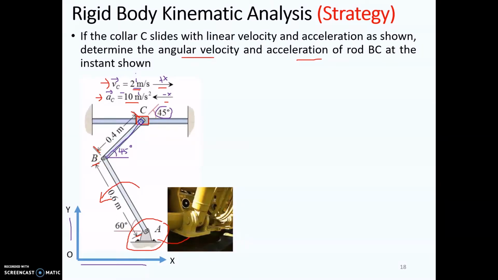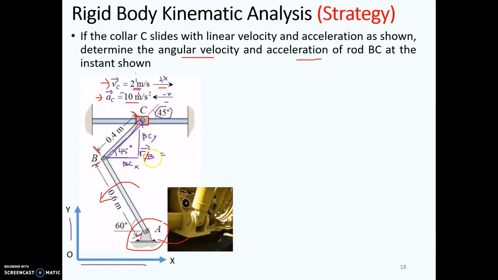Your BC vector, which is the displacement of C with respect to B, will be equal to the displacement of the BC in the x direction plus the displacement of the BC in the y direction. Don't forget the slash here.